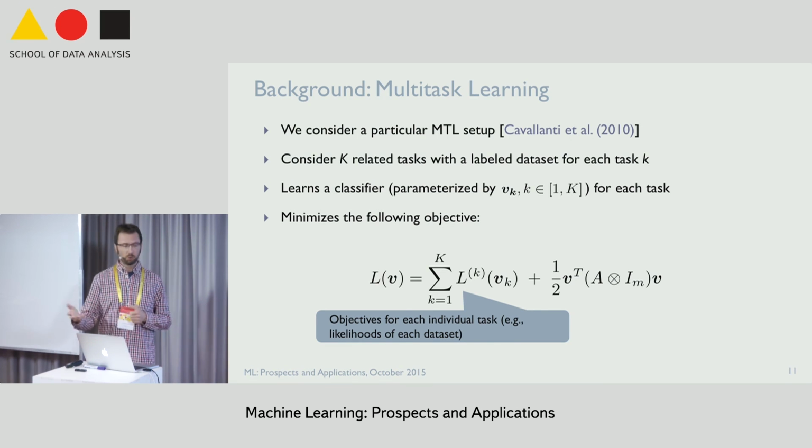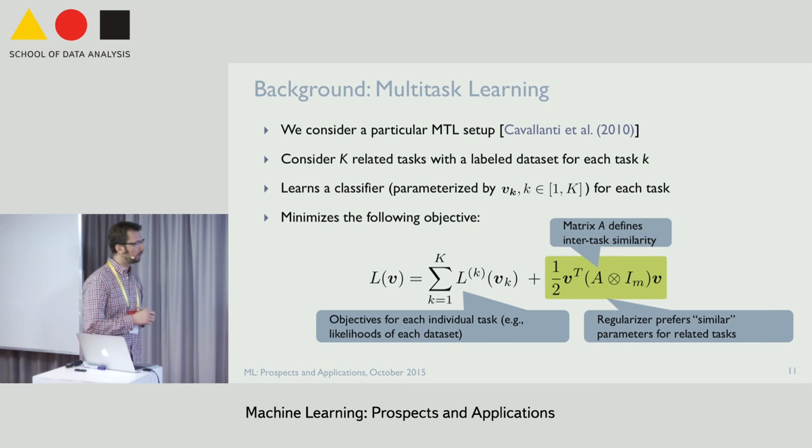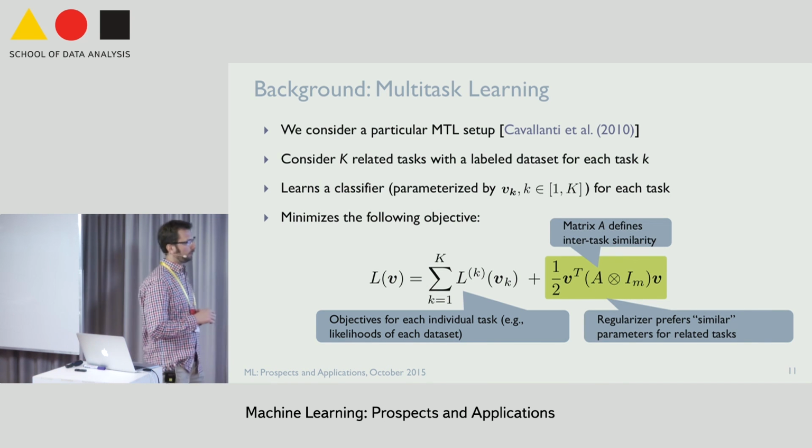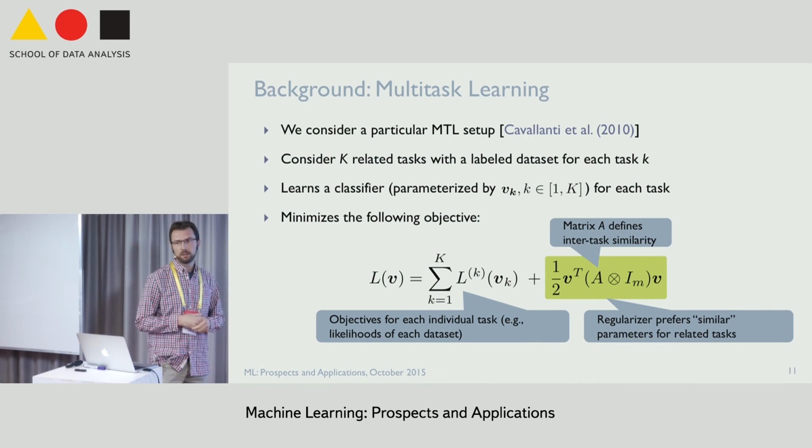So if you don't have the second component, if you learn them independently, you're done. But then there's this additional piece here, a regularizer, which prefers to induce parameters v sub k to be similar to each other for tasks that are related, as defined in the interaction matrix A. This is the parameter that I'll talk about later.